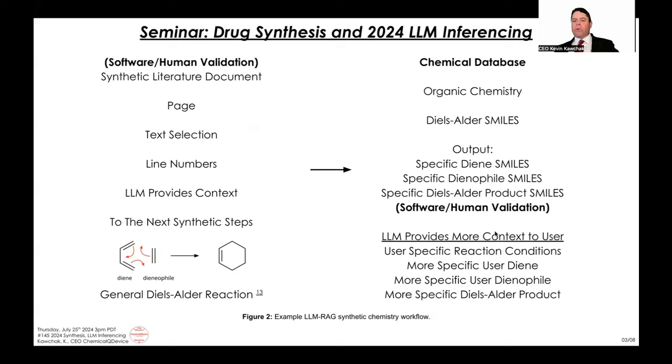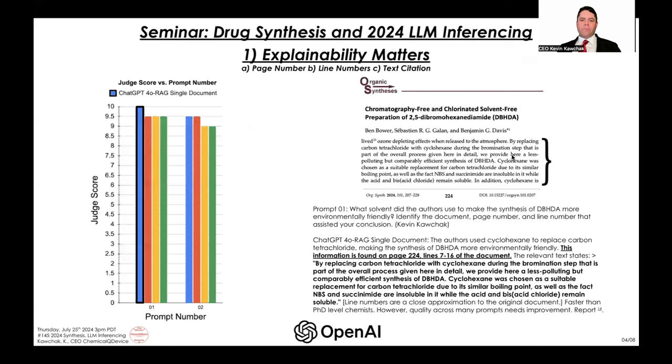So a large language model provides more context to the user: user-specific reaction conditions, a more specific diene, these more specific things, to the actual understanding of what's going on. And this is unfolding in literature now, using large language models to a high extent for very specific chemical reactions and what's being done, okay?